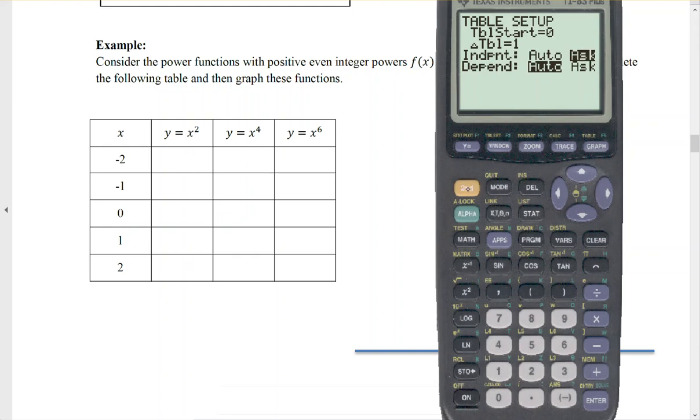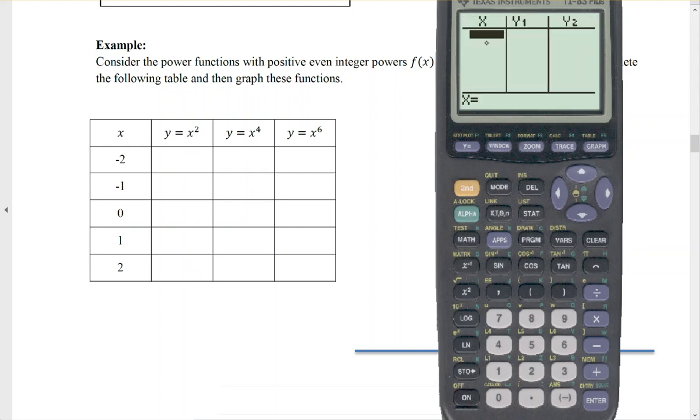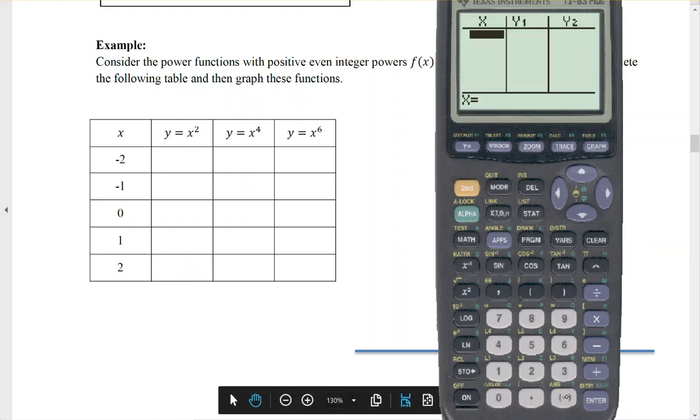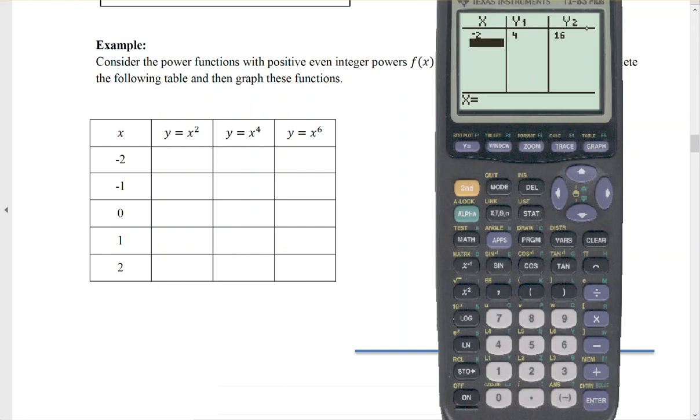Next, go into table. So do second graph. And I can now type in my x values. So I've got -2. And because I put the graphs, all 3 of them in there, see I've got y1, that was my x squared. y2 was my x to the 4th. And if I scroll over, there's y3, which was x to the 6th.